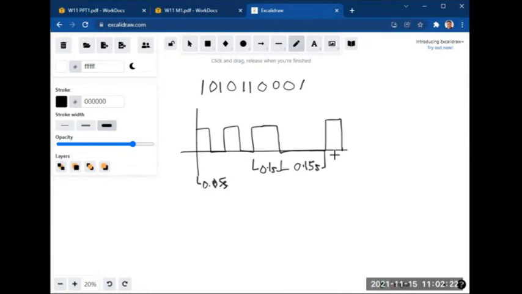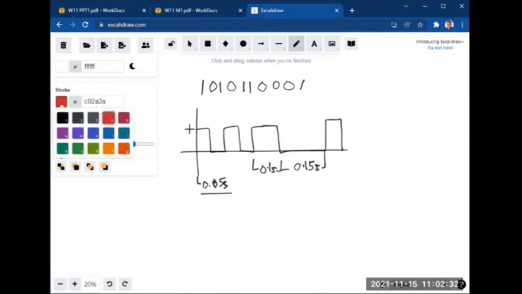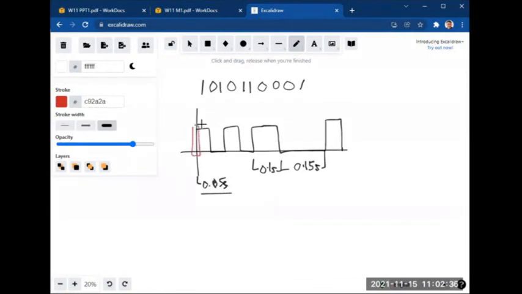Again, the system is not ideal. So what does that mean? The system will tick every 0.05 seconds. For example, it will tick at this time. After 0.05 seconds, it will tick again, and again, and again.